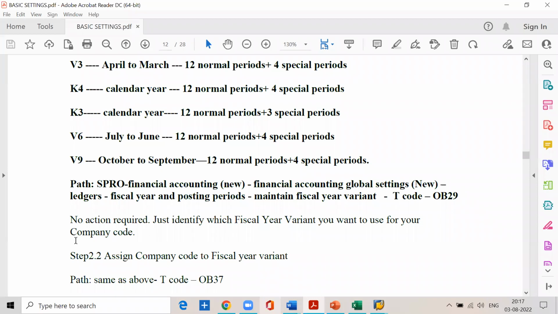But for the calendar year fiscal years, it is not necessary to define the periods. They were already defined.